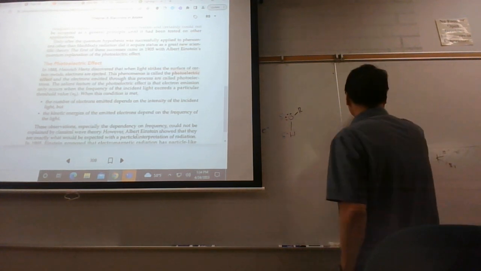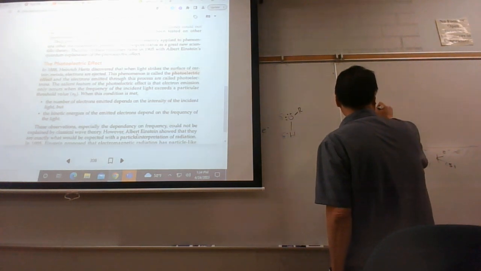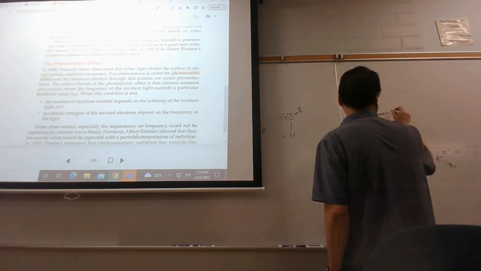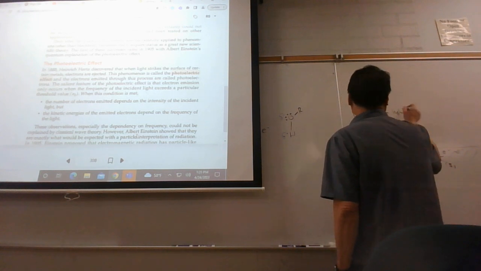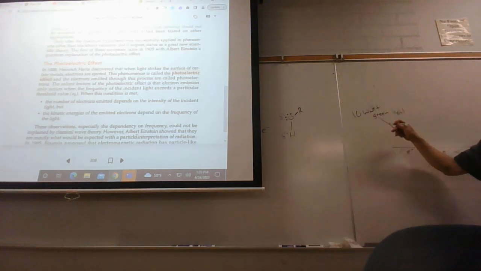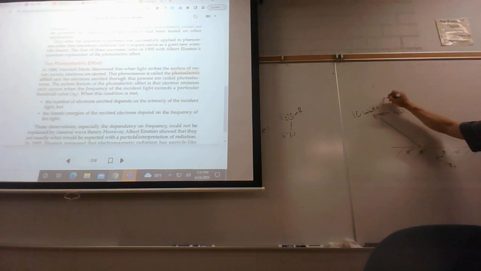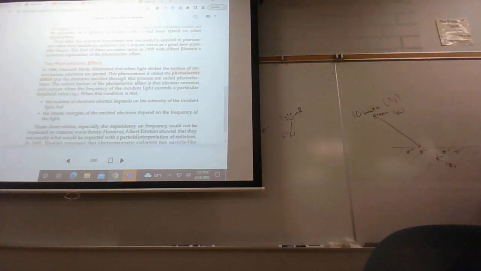So let's shine, let's say, 10 watts of green light. Now, a watt is a unit of power. And so 1 watt is defined as a joule per second. So joules worth of energy in 1 second. And so here we have 10 joules worth of energy in 1 second.